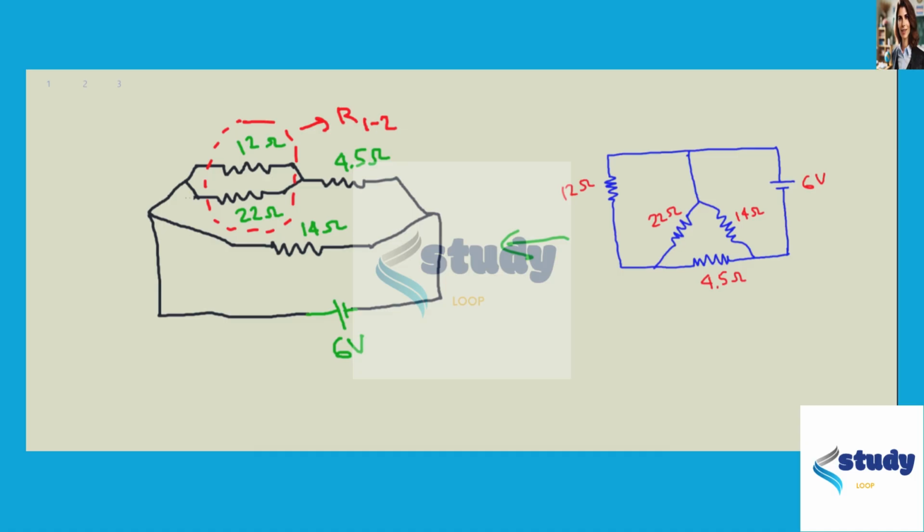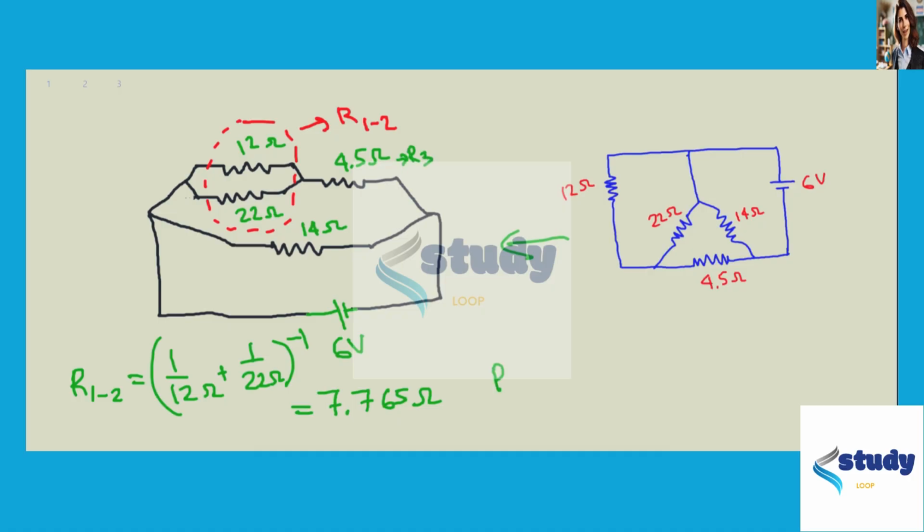Now, the first job for us is to find out this R12 value. So R12 is equal to 1 over 12 ohms plus 1 over 22 ohms, reciprocal of that, and that gives us 7.765 ohms. Now, since this is in series connection with 4.5, let's call this R3.